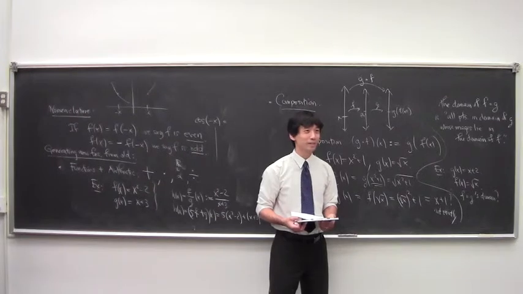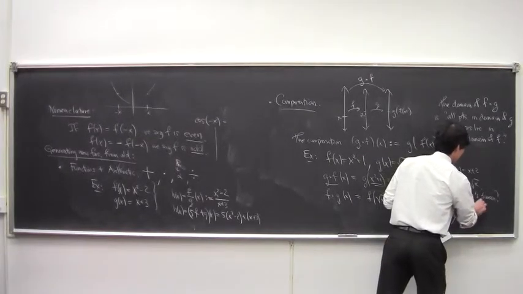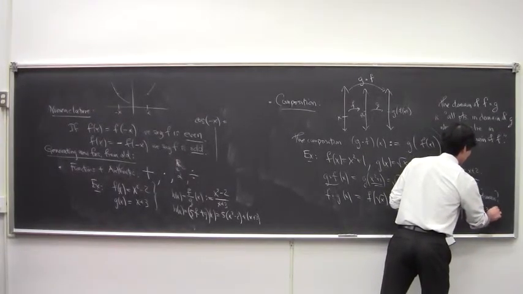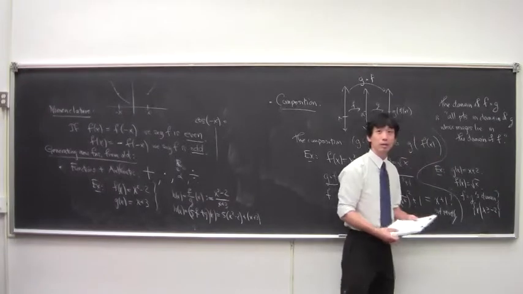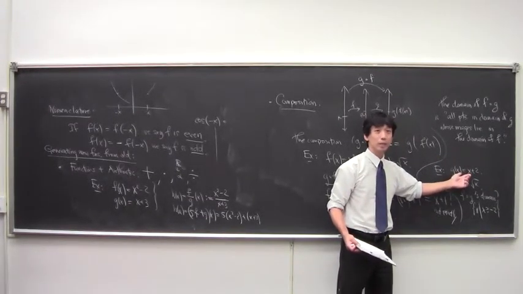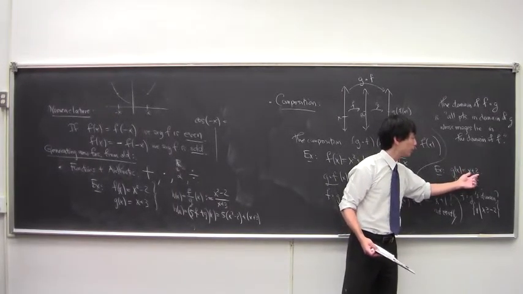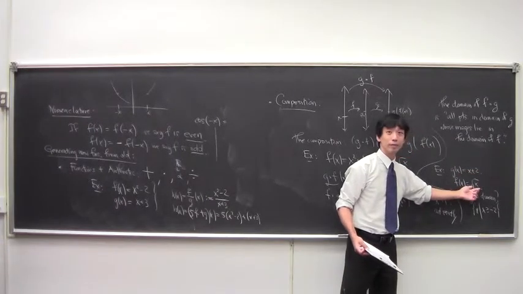What's the answer, Esme? x is greater than or equal to -2. x has to be greater than or equal to -2, right? So the domain is everybody who's greater than or equal to -2. Well, the domain of g is all numbers, but you need the ones for which the output lies in the domain of f, right?